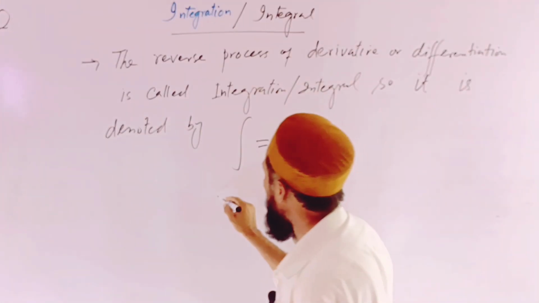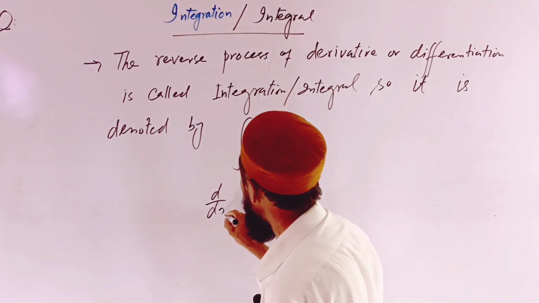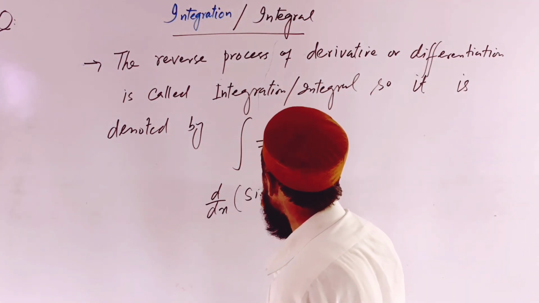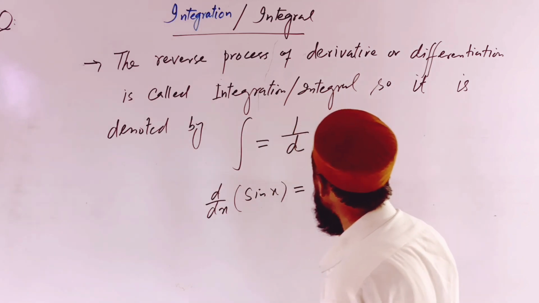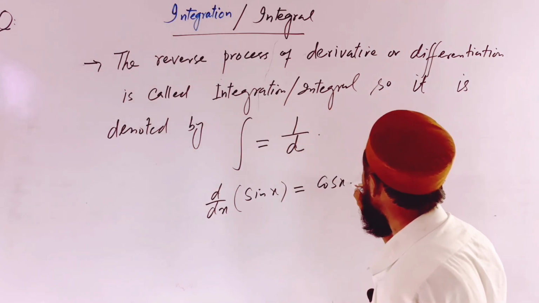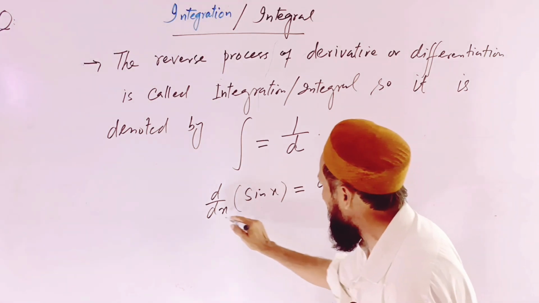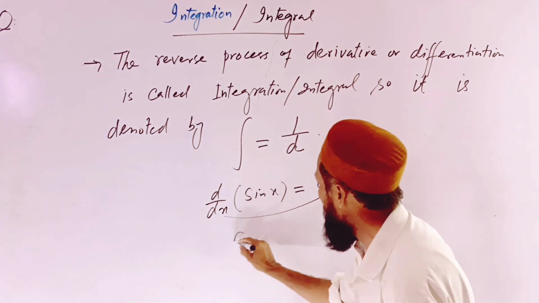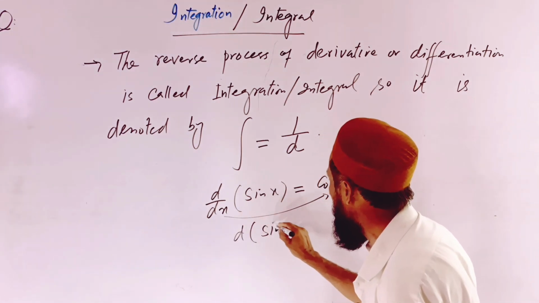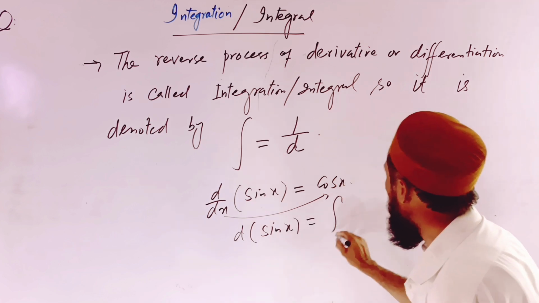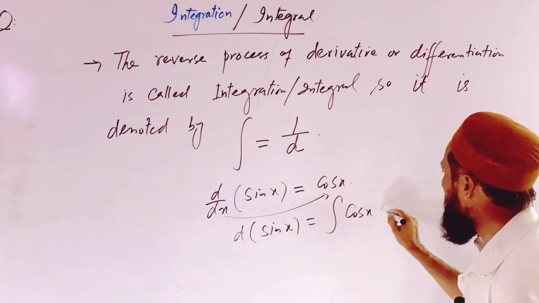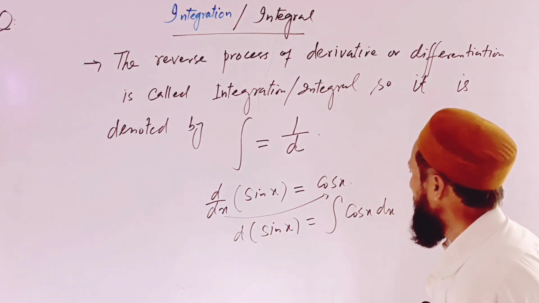For example, we find the derivative of sin x, which is equal to cos x. If we write it with dx, then d sin x is equal to integration of cos x dx.